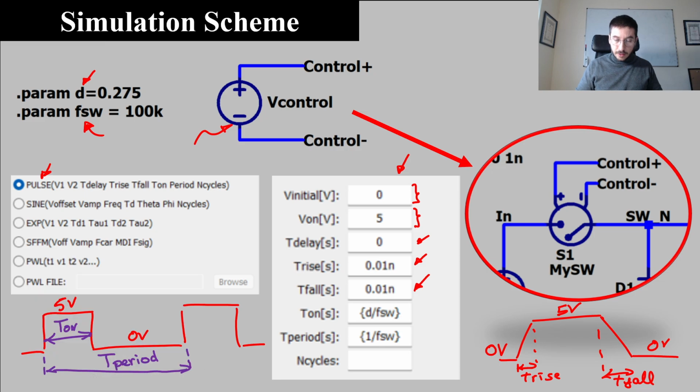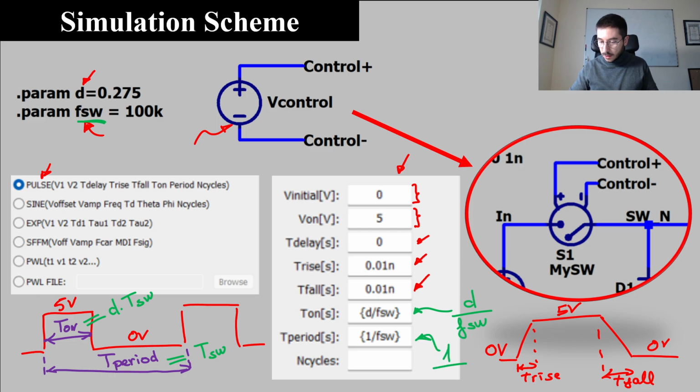According to our target, T-on should be D times the switching period, and T period should be equal to the switching period. I'm working with the frequency instead of with the period, so what I do here is to put D over the frequency, and here I put 1 over the frequency.